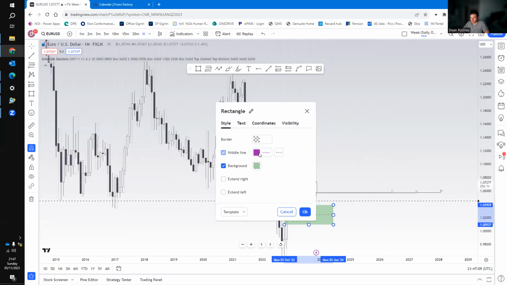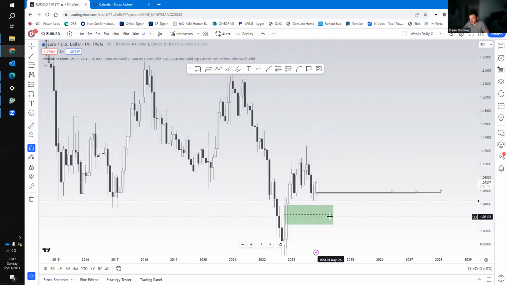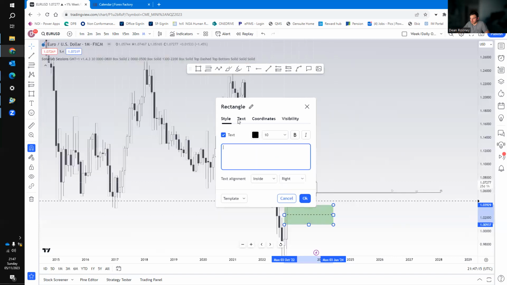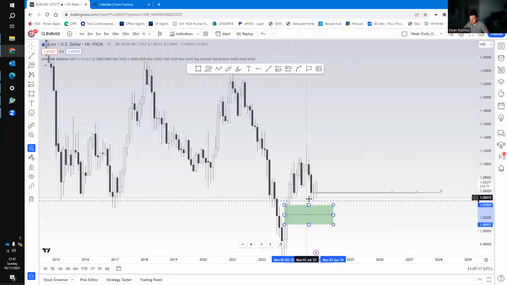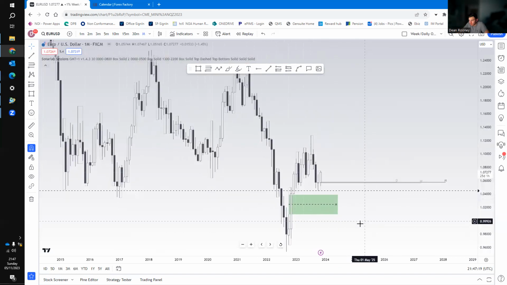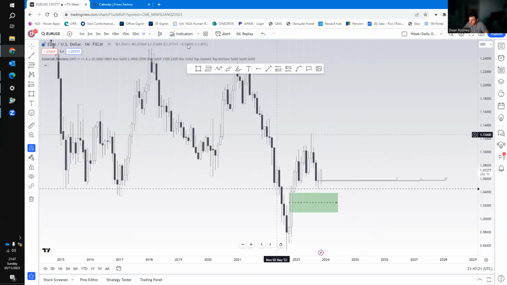We'll put the middle line on here as well. Make that black. Change that to monthly. Then put this one, so this is a bearish fair value gap in here.